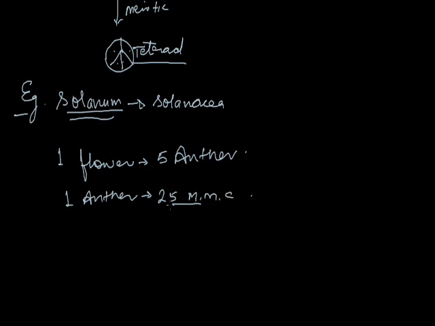It means in one anther, the number of microspores formed will be 100, and in the whole flower, because there are 5 anthers, the total number of microspores will be 500.